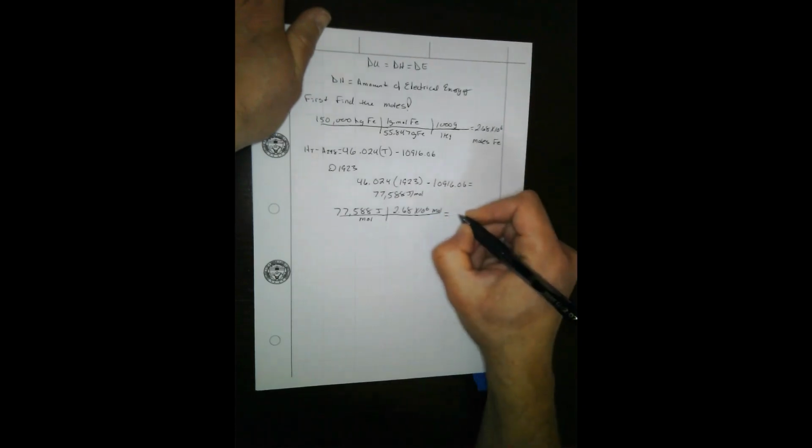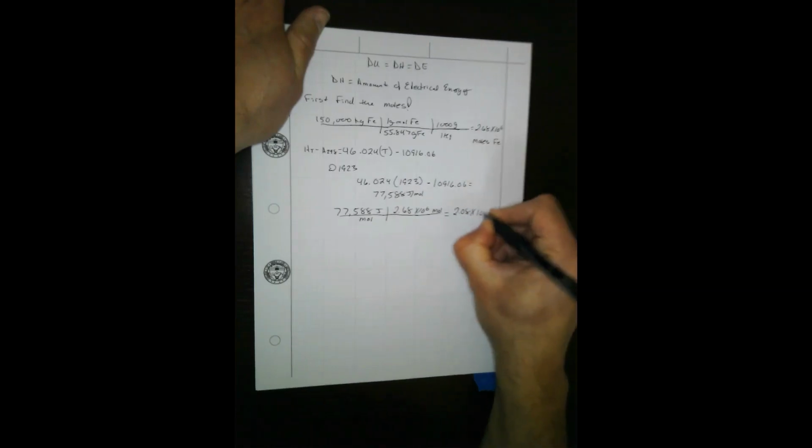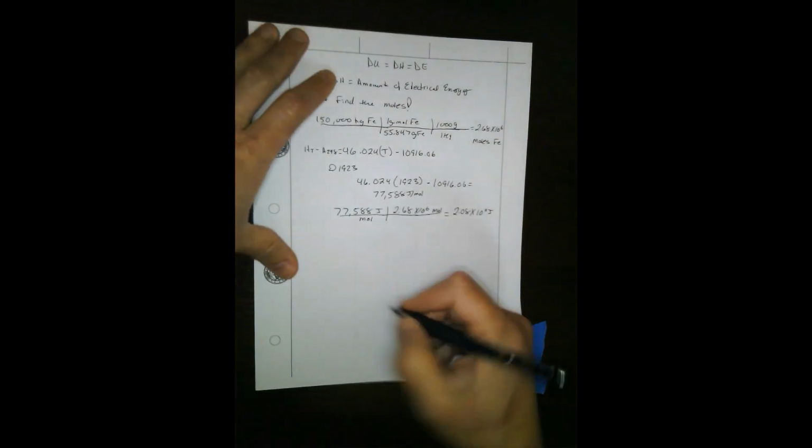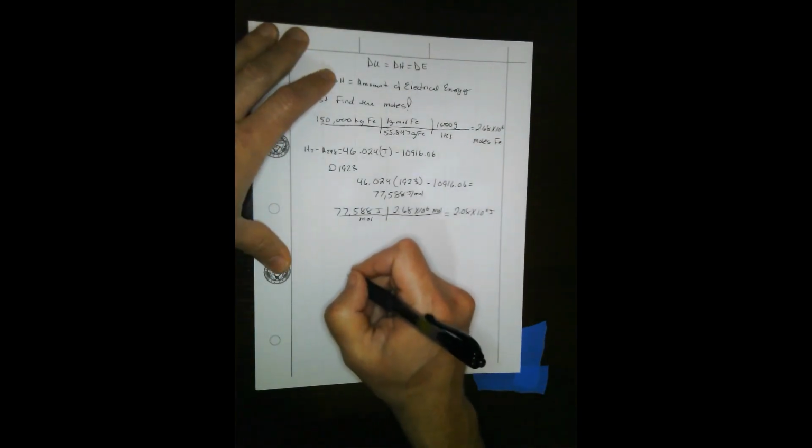And so that's a big number, and that's 2.08 times 10 to the 11 joules. That's pretty big. So let's figure something else out.